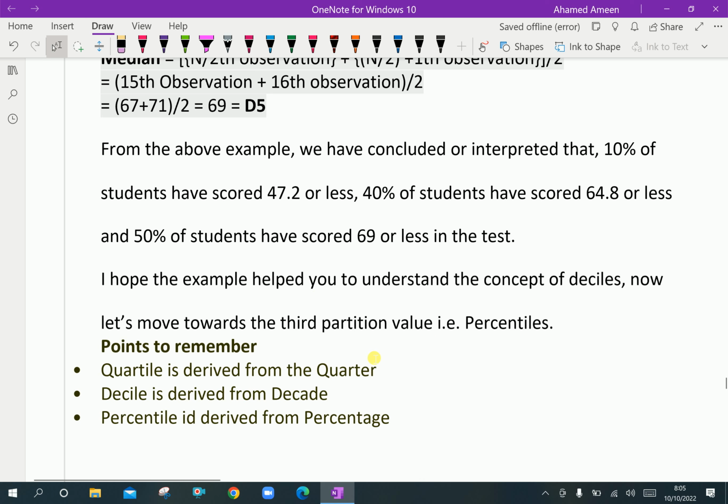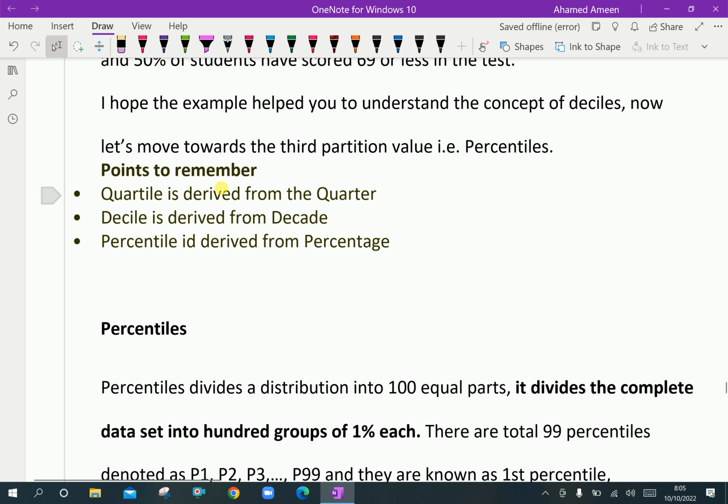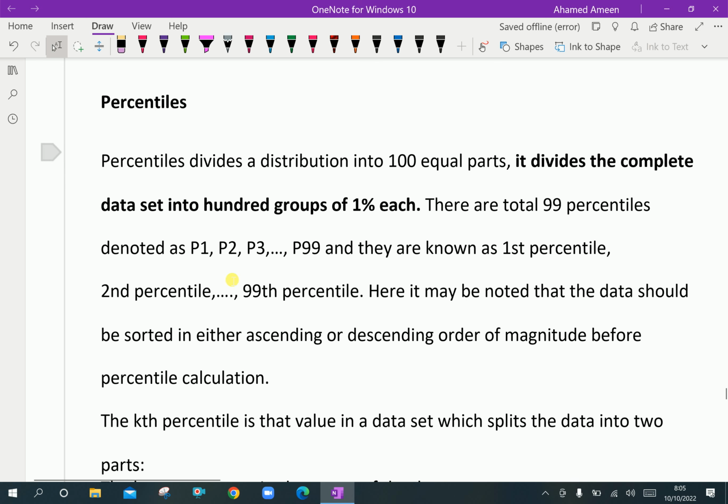Let's move towards the third partition value, percentile. Here you have to remember these points. Quartile is derived from the quarter, decile is derived from the decade, and percentile is derived from percentage. Now let us discuss percentiles. Percentiles divide a distribution into 100 equal parts.